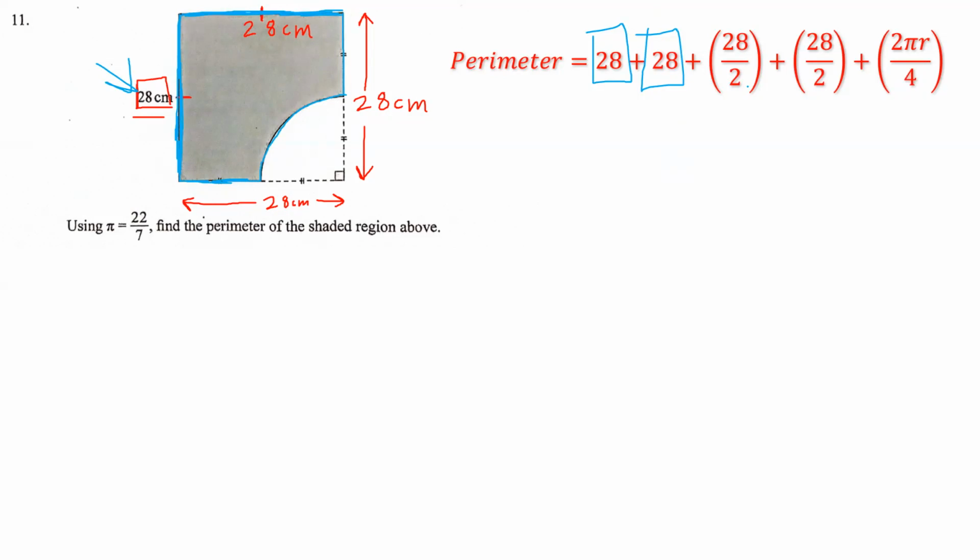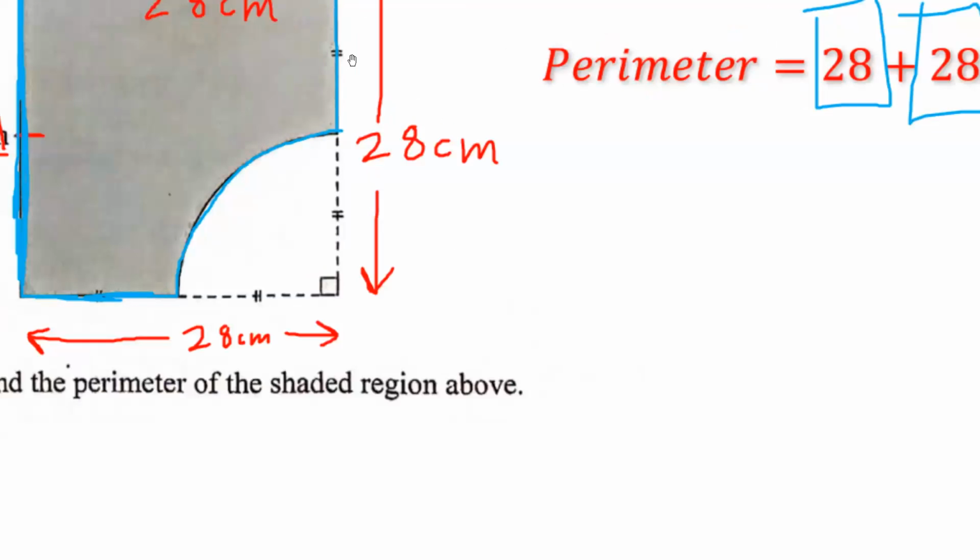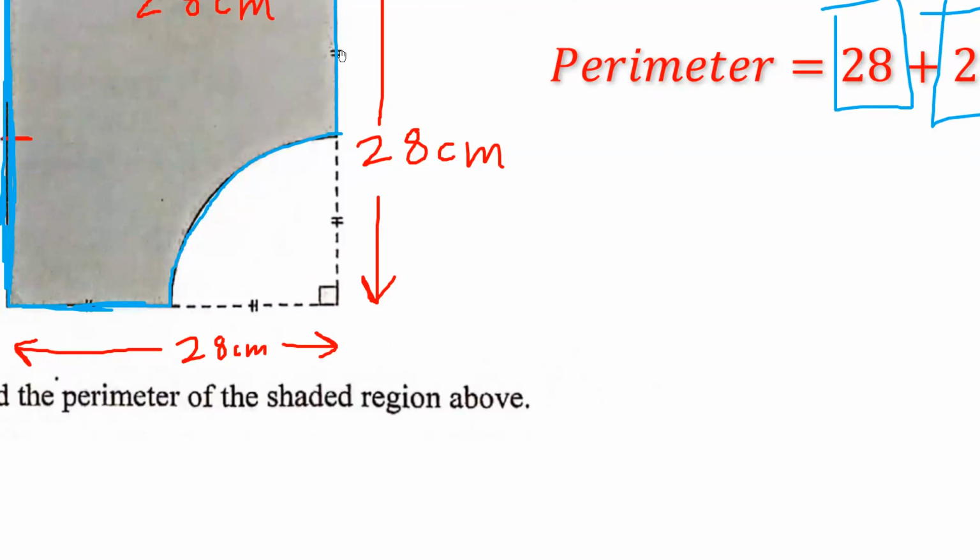Now, if you notice here, I have 28 divided by 2. Where did I get that from? Well, if you notice carefully, I'm taking into account this same side right there. Because they told us that this side, we have a double. If you notice carefully, we have two double lines, right?